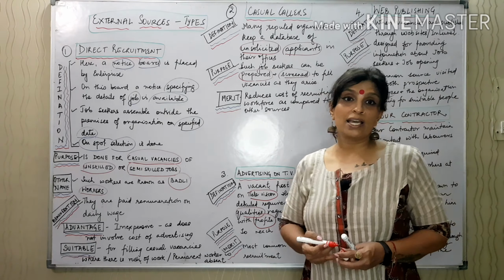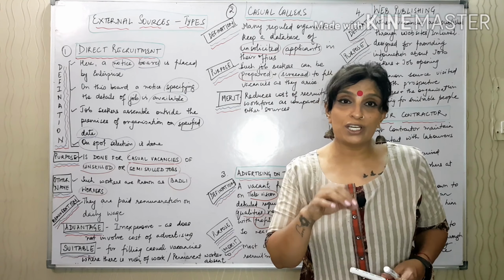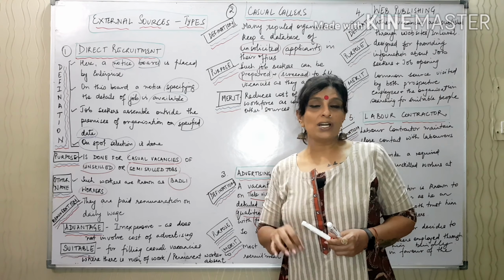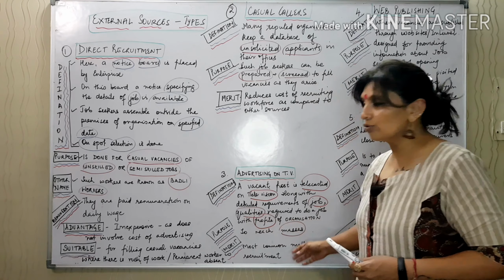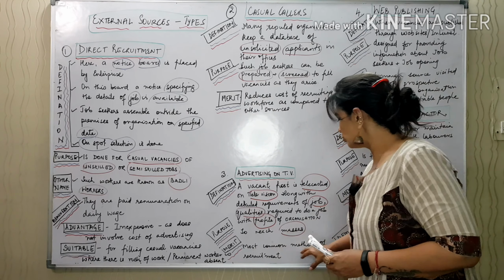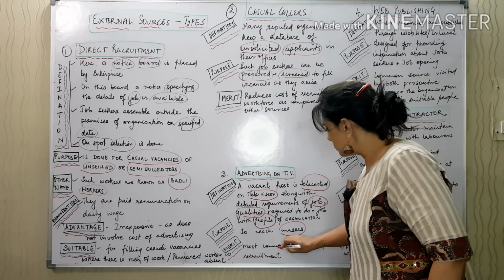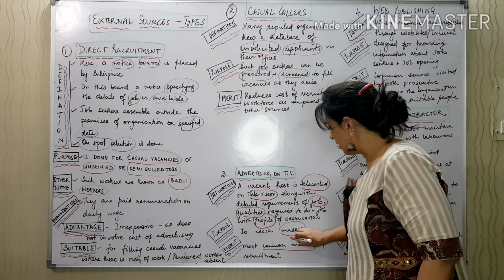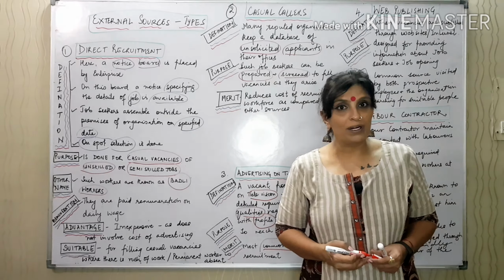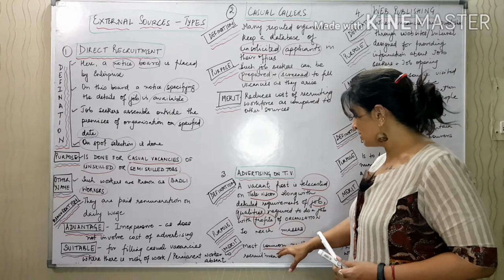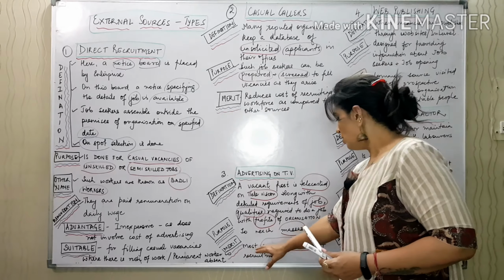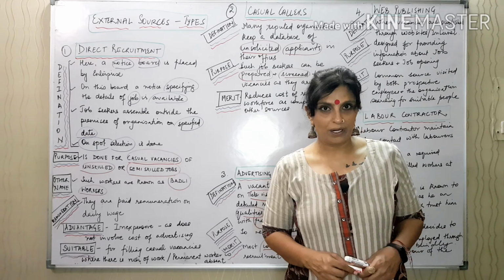Of course, advertising through television is nothing else but reaching the masses. And merit, it is the most common method of recruitment. This is basically not given in the book along with this explanation, but if you start with recruitment, you will find there that advertising is the most common method of recruitment.